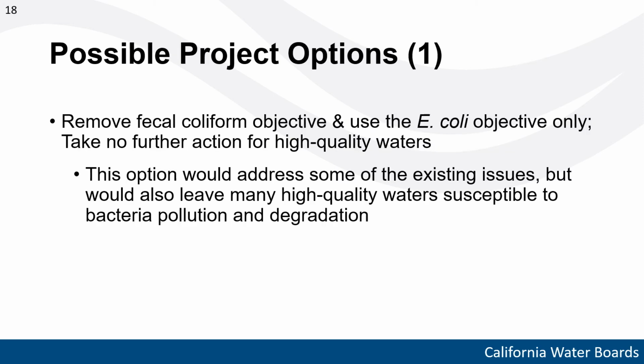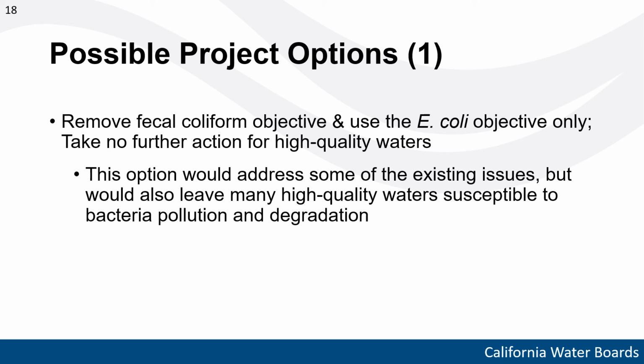One option is to remove the fecal coliform objective and rely entirely on the statewide E. coli objective. This would solve a lot of the issues I have described previously, such as streamlining objectives and reflecting scientific understanding regarding indicators, but it would also leave a variety of high-quality waters in the region open to significant bacteria pollution.